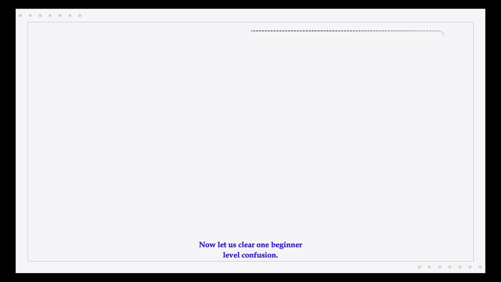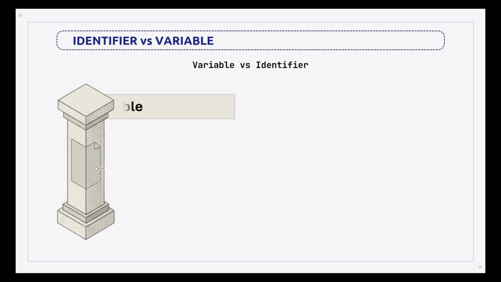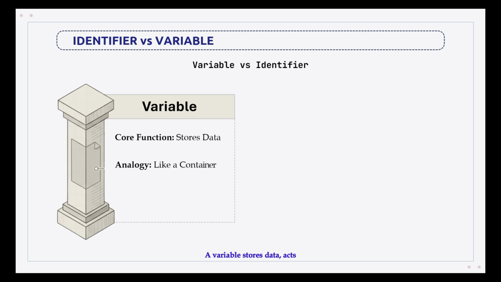Now let us clear one beginner level confusion. Many students think a variable and an identifier are exactly the same thing. Actually, they are closely related but technically different. Now look at this variable section. A variable stores data, acts like a container and holds the value.